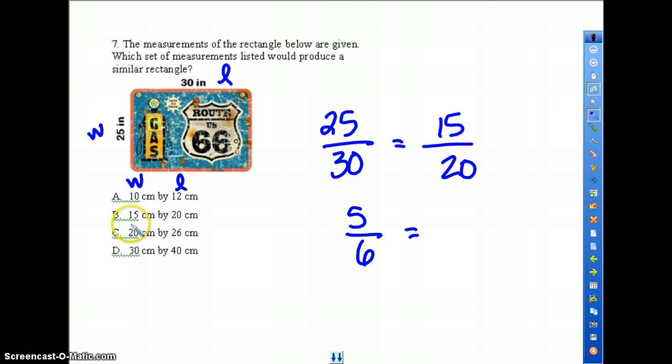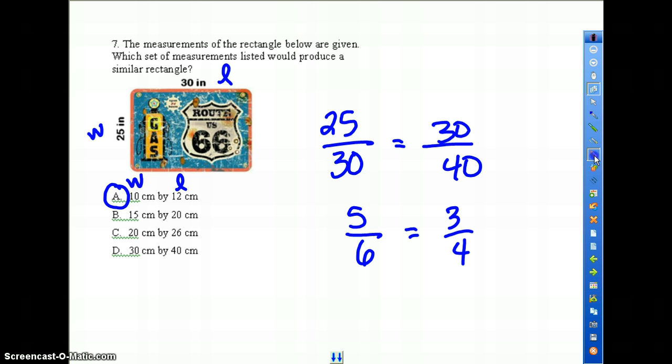How about 20 over 26? They're both divisible by 2. You get 10 over 13. Nope, that's not 5/6, so that's not going to work. And let's try 30 over 40. Those are both divisible by 10, and you get 3 over 4. Not the same ratio, so I know it's A.